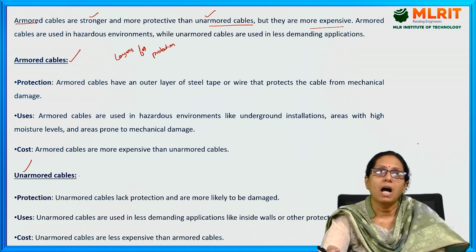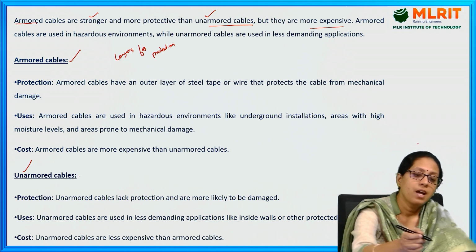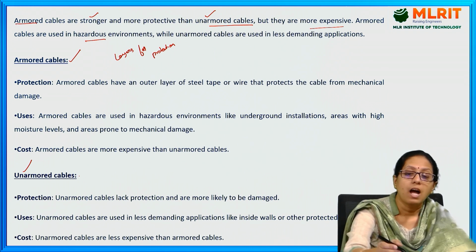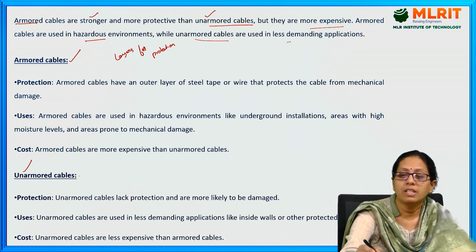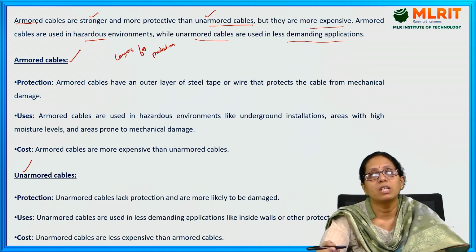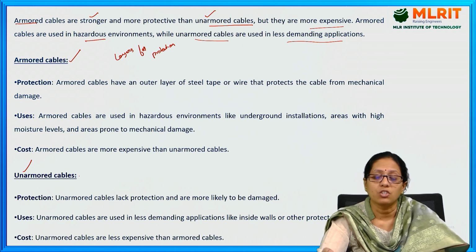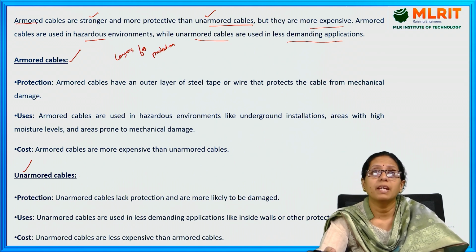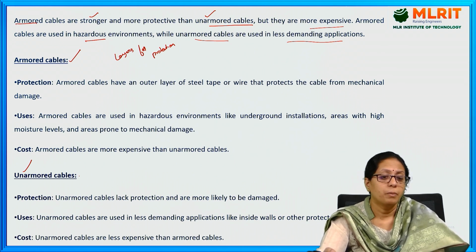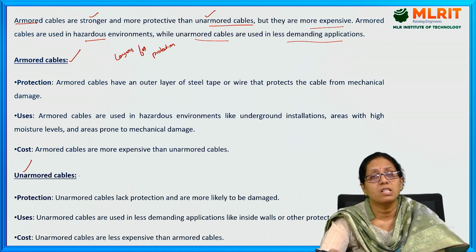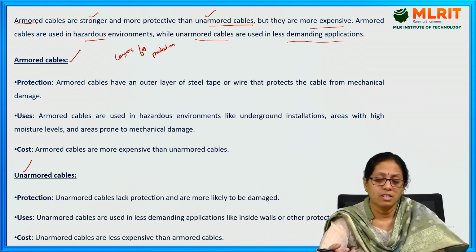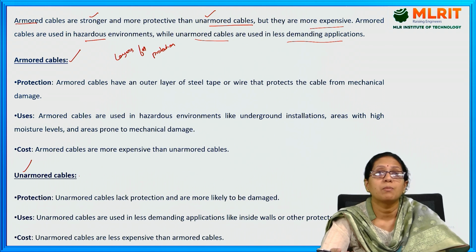So, armored cables are used in hazardous environments, while unarmored cables are used in less damaging applications. That means there can be different types of applications. In some applications, the cables may get easily damaged because of temperature, transportation, or different types of chemicals.